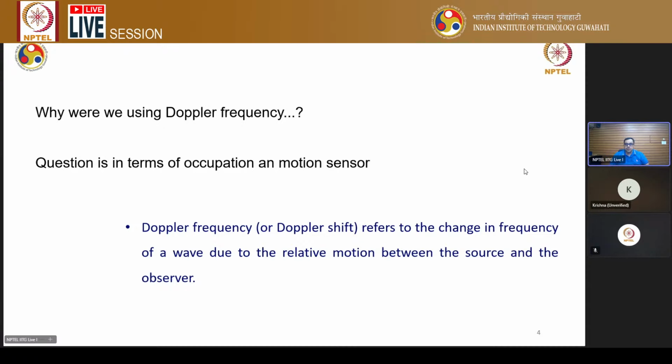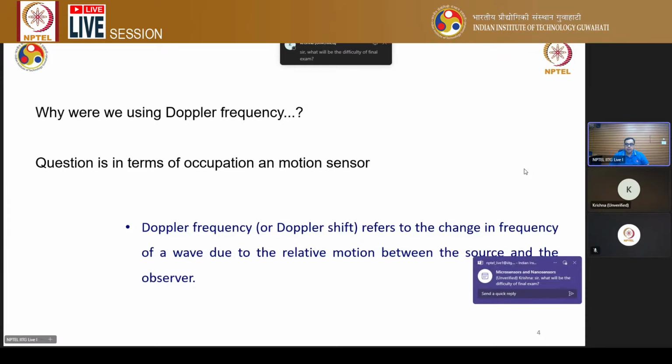The Doppler frequency, or Doppler shift, refers to the change in the frequency of a wave due to the relative motion between the source and the observer.